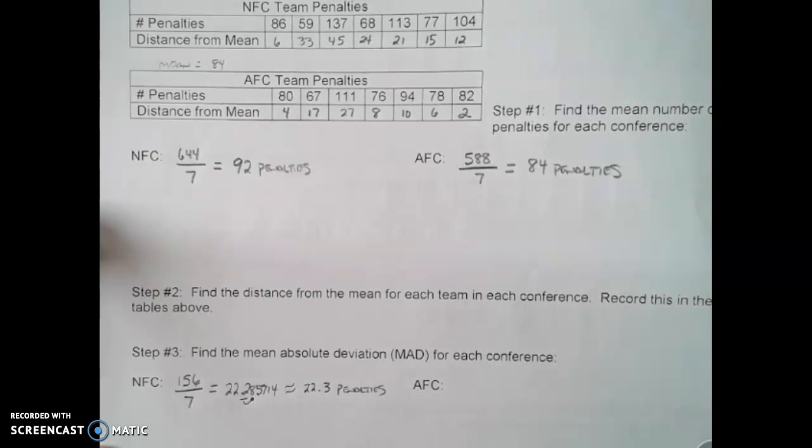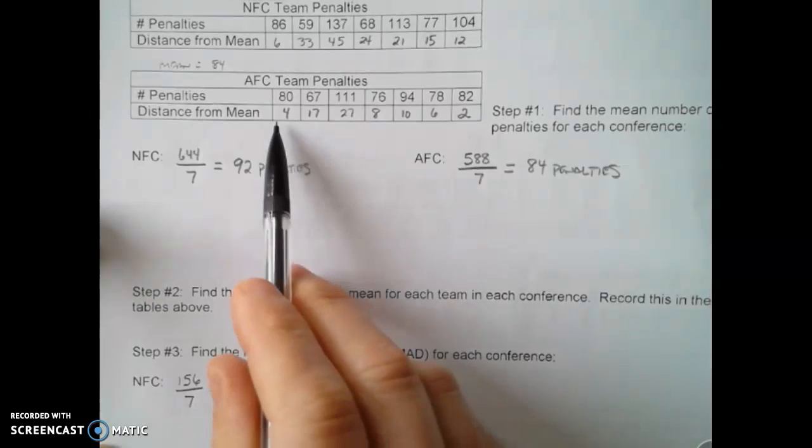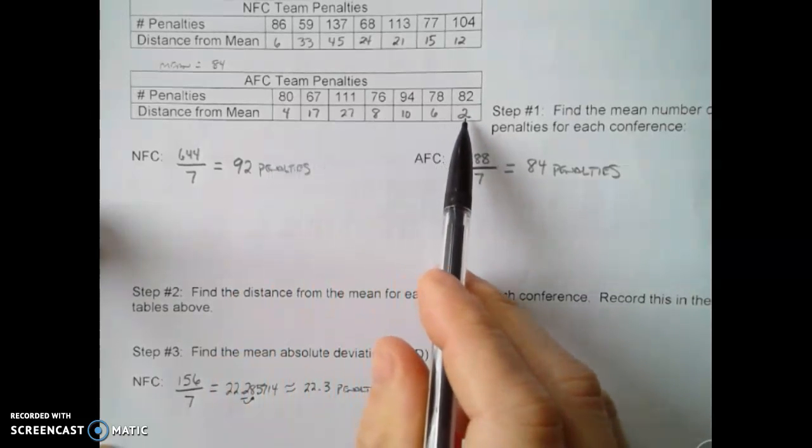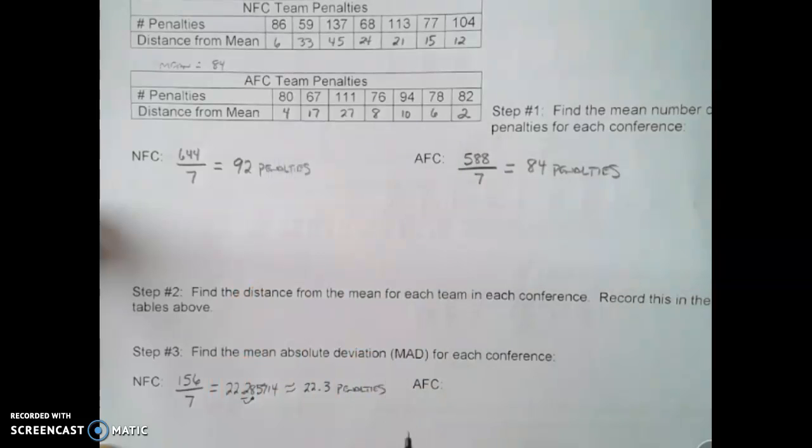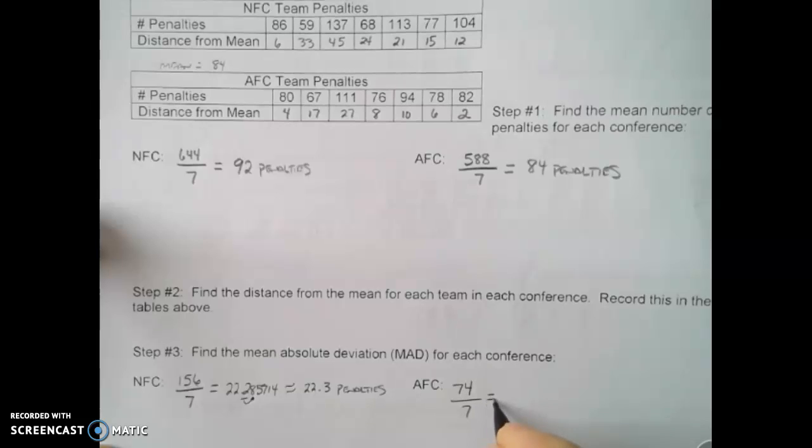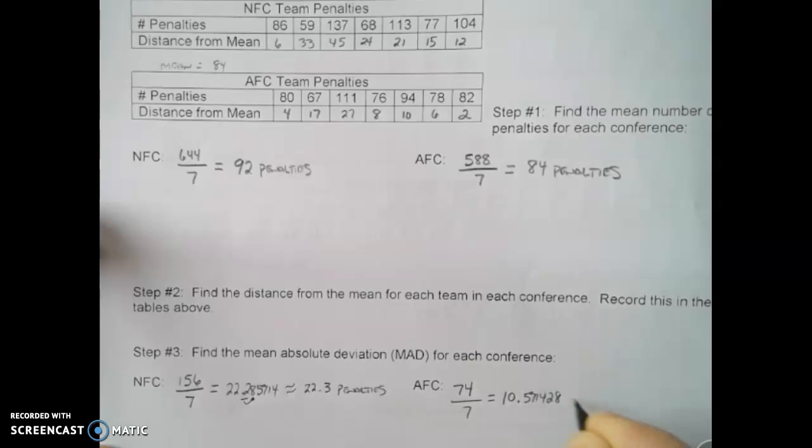Okay. For the AFC, now we're going to take these distances and we're going to average them. So let's add them together first. When you add all of the distances together for the AFC, you should get a sum of 74. There were 7 teams again in the list, so 74 divided by 7 gives you the decimal 10.571428.